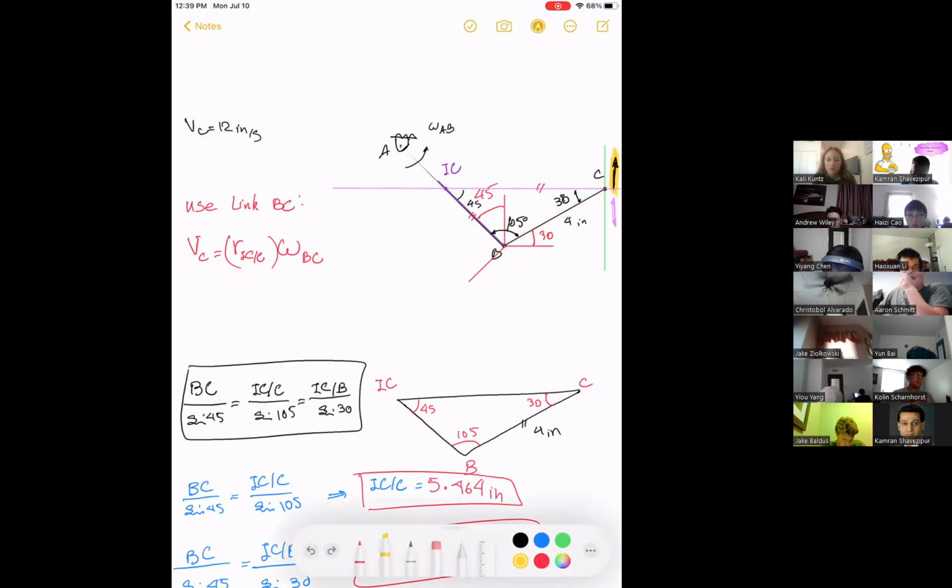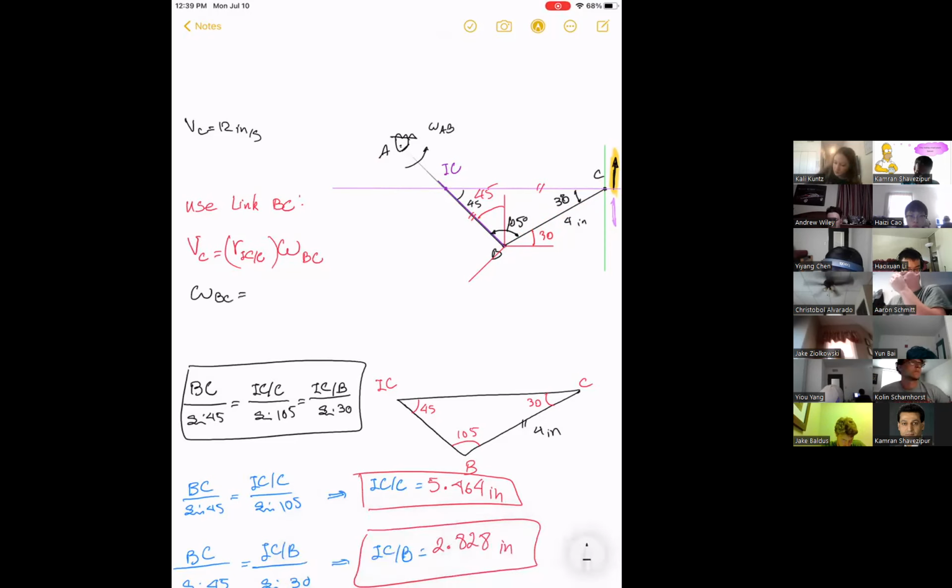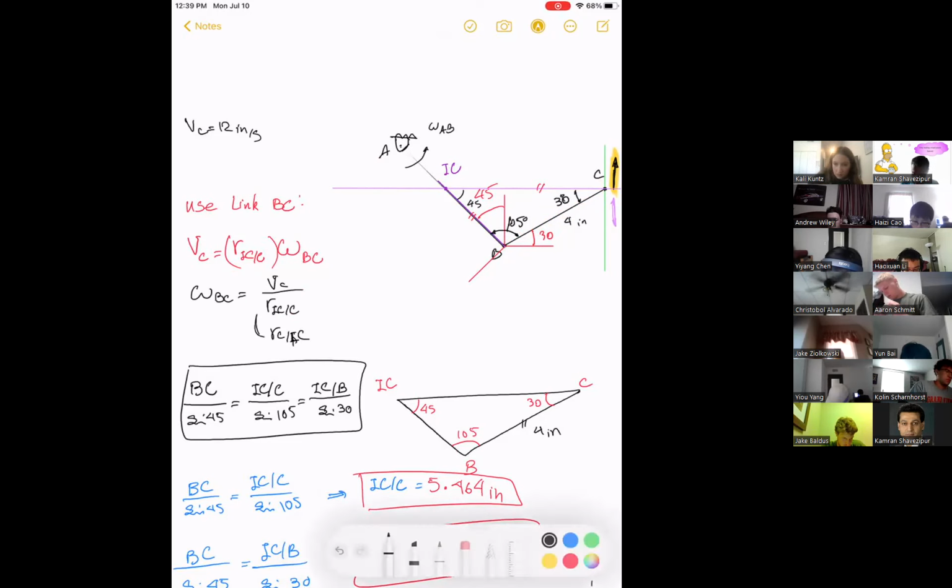If that's the case, from here, you can get your omega BC is VC divided by R IC. Remember, CIC or ICC is the same, right? It's just a length, doesn't matter which one comes first.